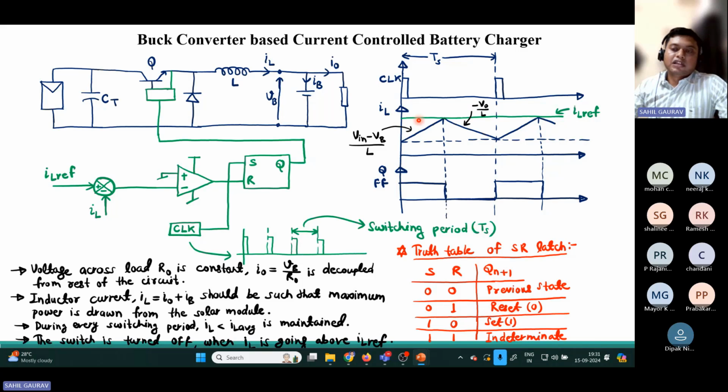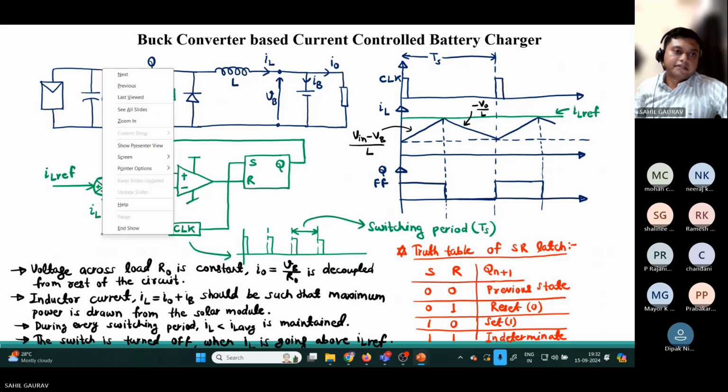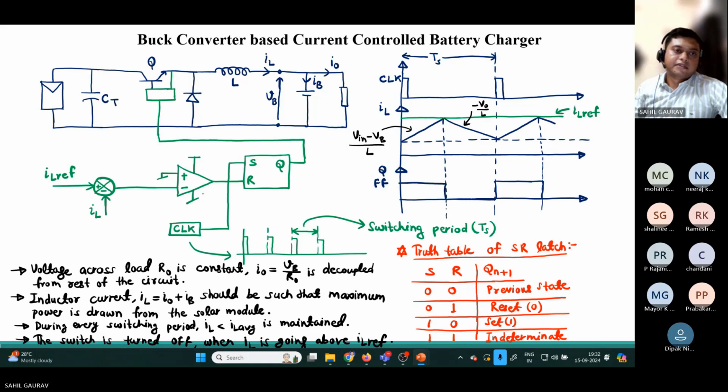So suppose you have this IL reference, and if this IL reference is less than IL, so let us see the first case. Let us check whether IL reference is greater than IL.